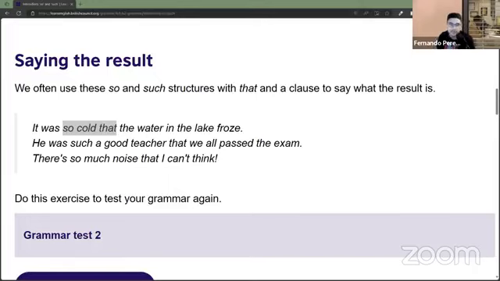Now, who remembers what happens with the connector, or extender, I mean, that? What happens with this extender? There is a special flexibility about this extender. We saw it.